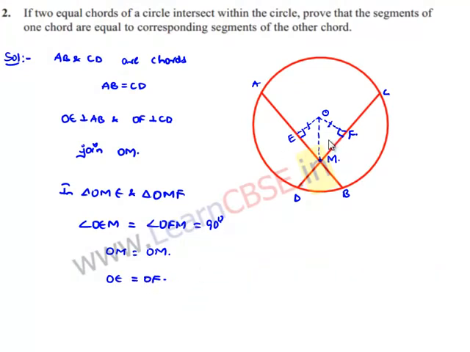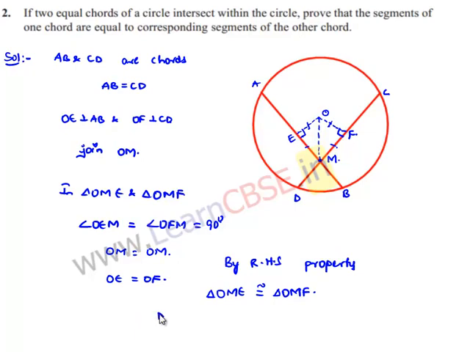Therefore, by the RHS congruency property, we can say that both triangles are congruent. That is, triangle OME is congruent to triangle OMF. Here we got that the two triangles are congruent. Therefore we know that when two triangles are congruent, their corresponding sides are equal.